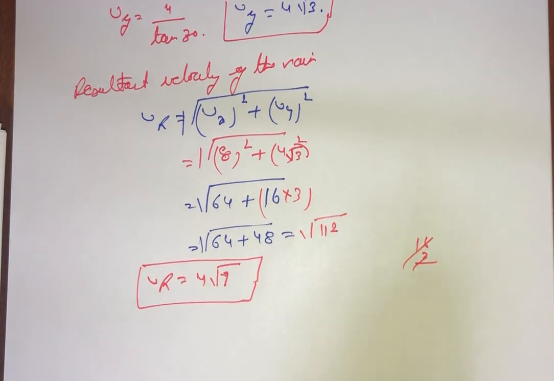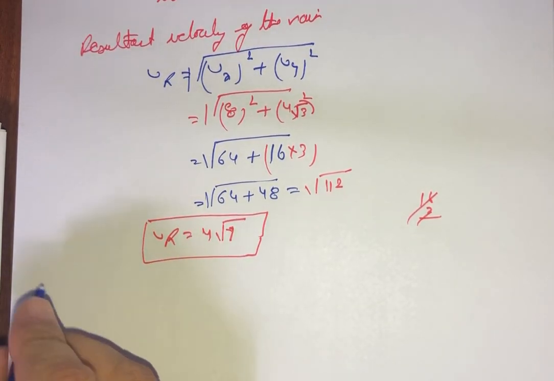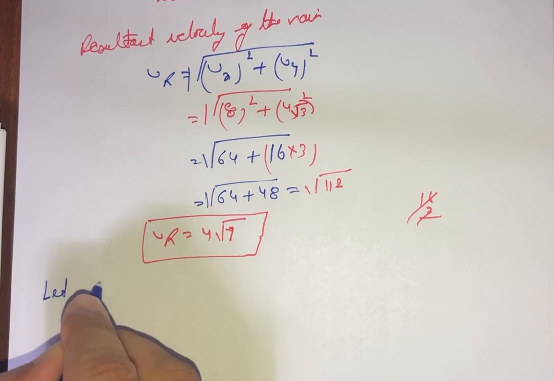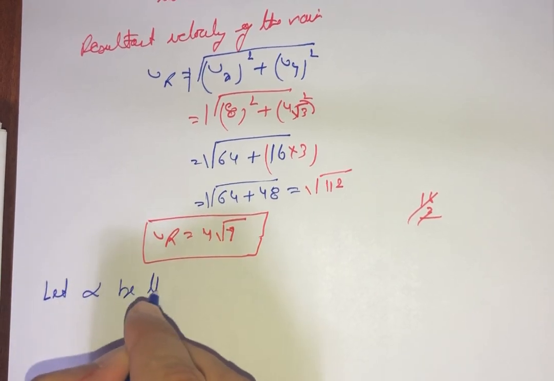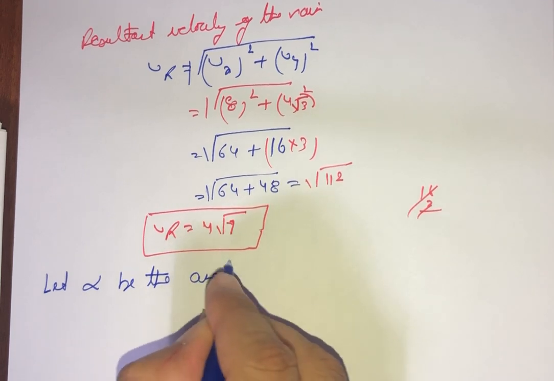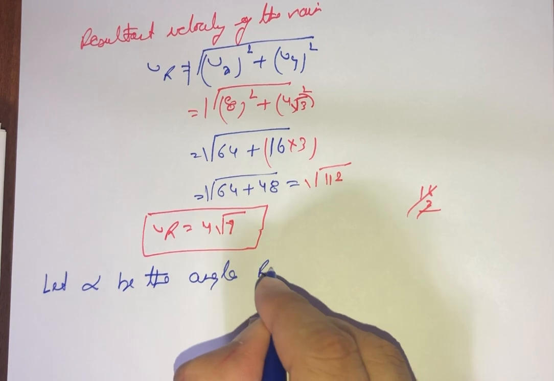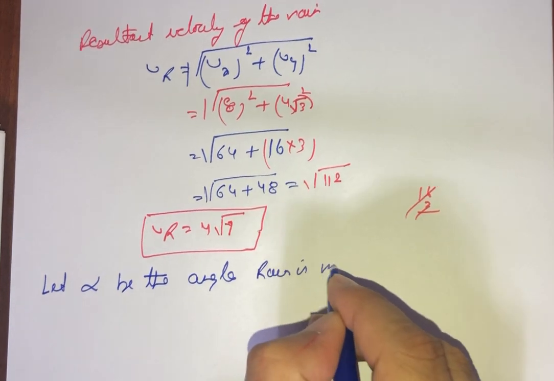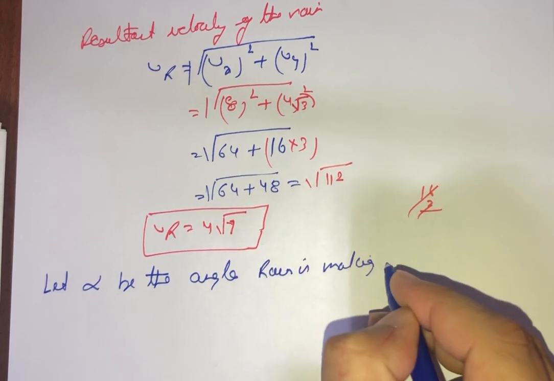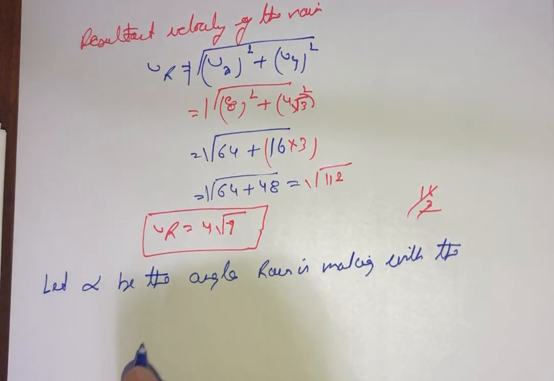So this will be the resultant velocity, and let alpha be the angle the rain is making with the vertical.